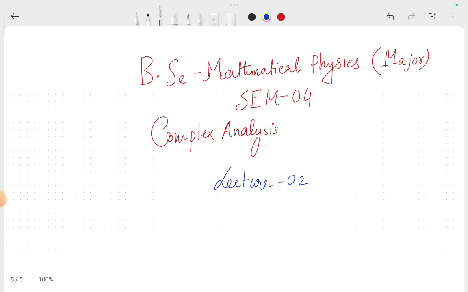So, we have already started the B.Sc Mathematical Physics major course for university levels. Basically, this course is for students in the 4-year B.Sc honors and research course in semester 4.